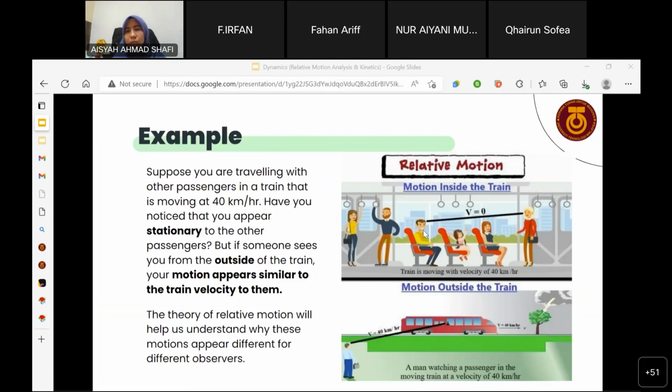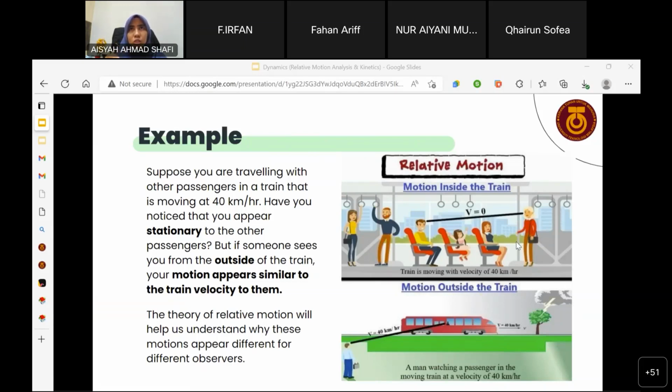Each of the passengers sees the velocity as zero, even though the train is moving with a velocity of 40 kilometers per hour. But someone outside sees you moving at the same speed as the train.